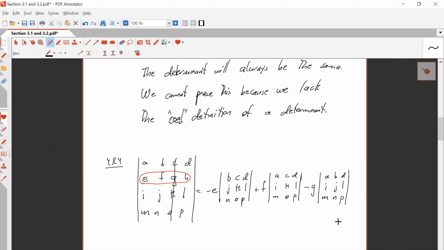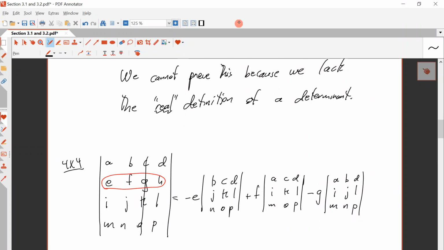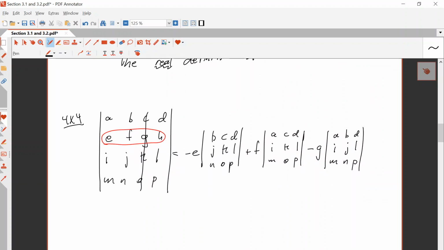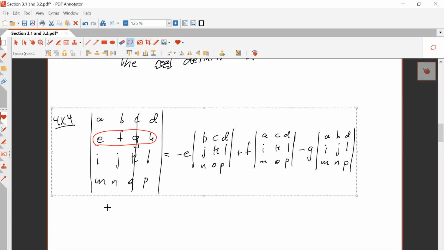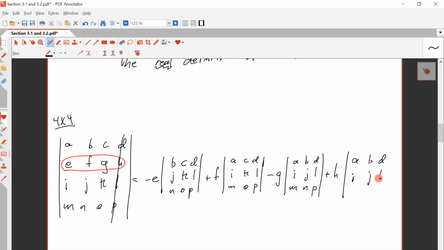One more step. And then the last column, H, so it's minus, plus, minus, plus, H times the 3 by 3 left over, A, B, D, I, J, K, M, N, O. Okay?